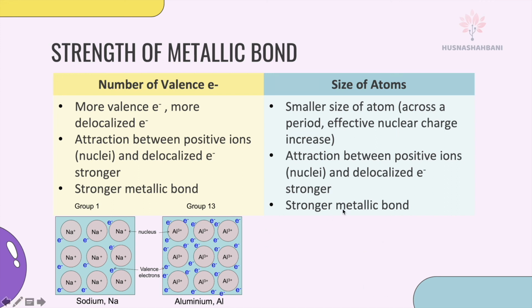So that makes a stronger metallic bond. That's why a smaller size has a stronger metallic bond, because a smaller size means more and more protons across a period.